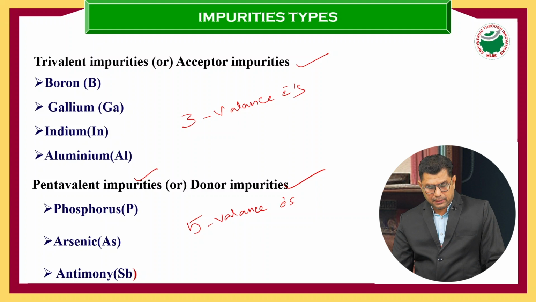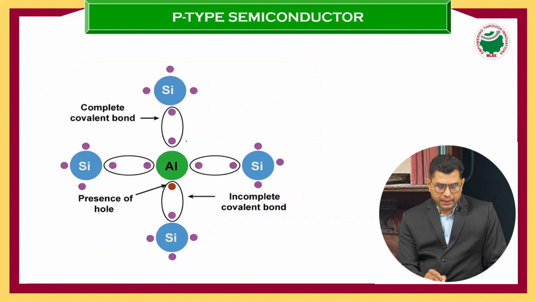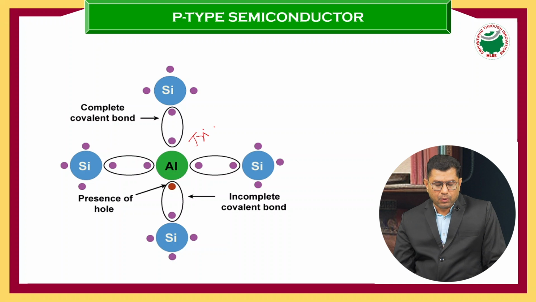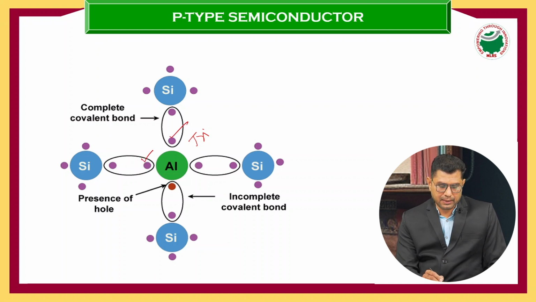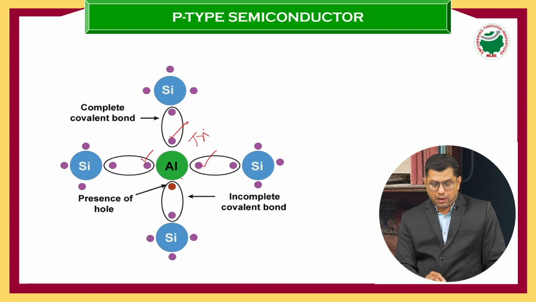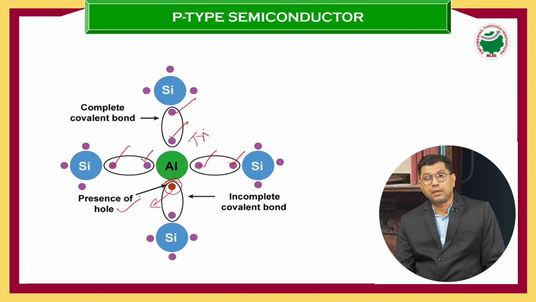Aluminum is a trivalent impurity, meaning aluminum has 3 valency electrons. These 3 valency electrons form covalent bonds with neighboring silicon atoms, whereas the other covalent bond is incomplete. This absence of an electron causes the creation of a hole.